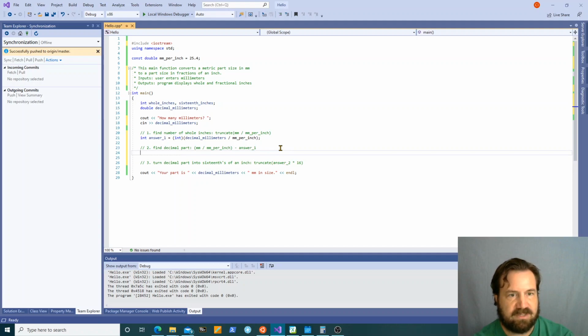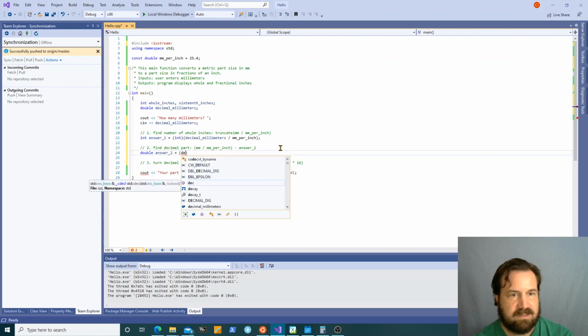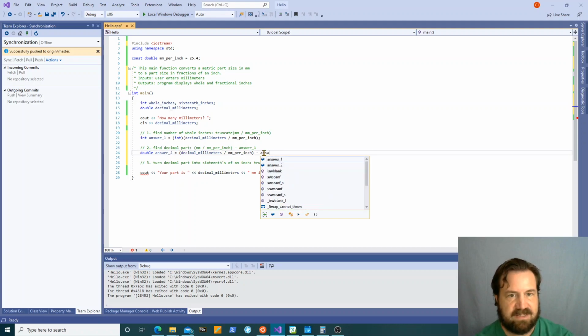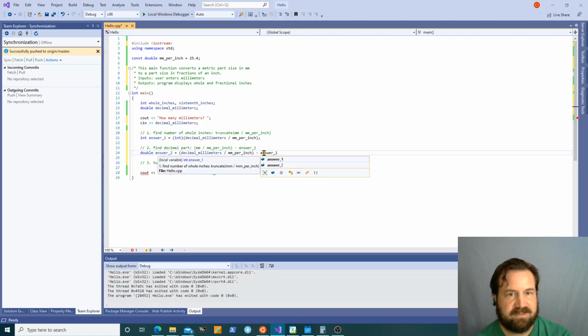Find decimal part. Okay. So double answer 2 equals, I could just copy this part here, decimal millimeter minus answer 1.